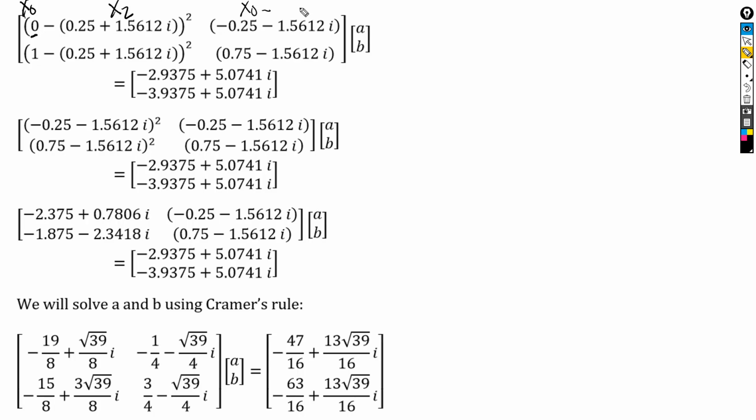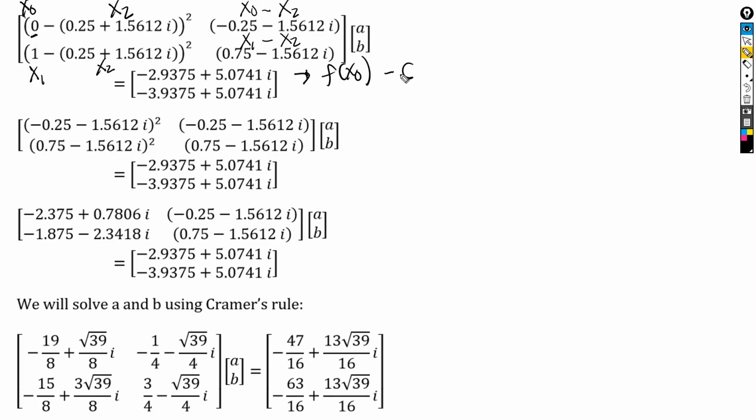Again, this is x1, we have here x1 and x2. Also, this is x1 minus x2. Okay, multiplied by a and b is equal to f of x0 minus c. So take note that our f of x0 here is minus 5.